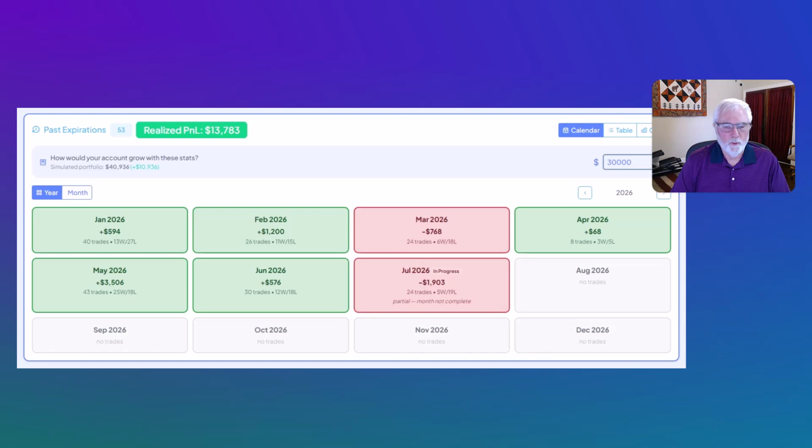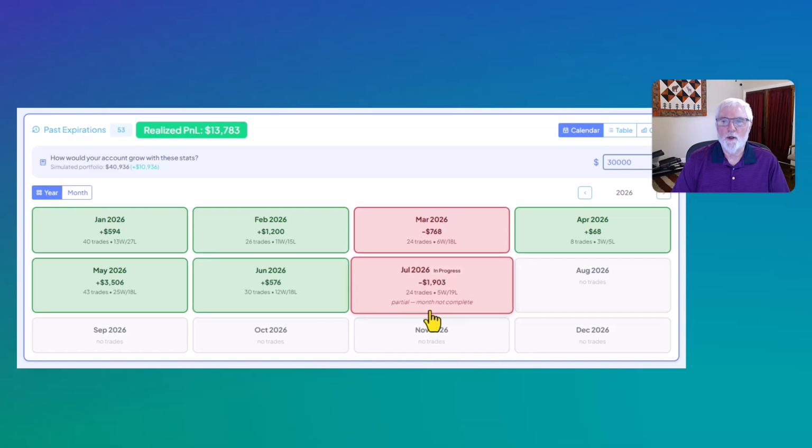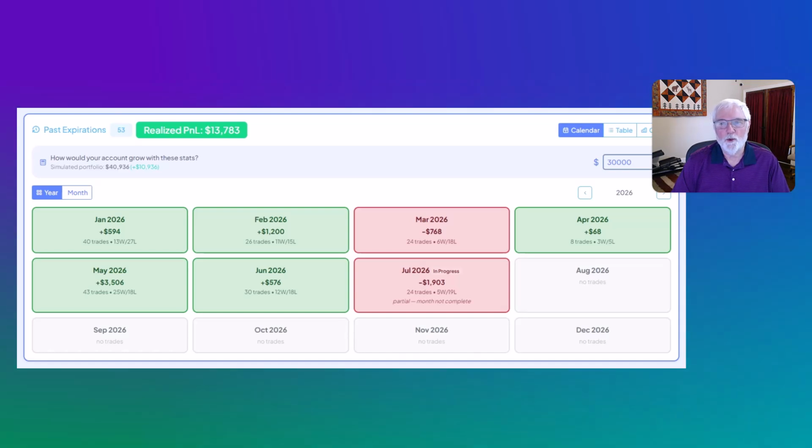So we sent a message to Maya, and they came back and said, yes, they did see they had a problem, and they corrected it last week. If you can recall, in July, we had about, I believe it was around $800 loss in July. There have been some additional trades closed out, which increased the loss.